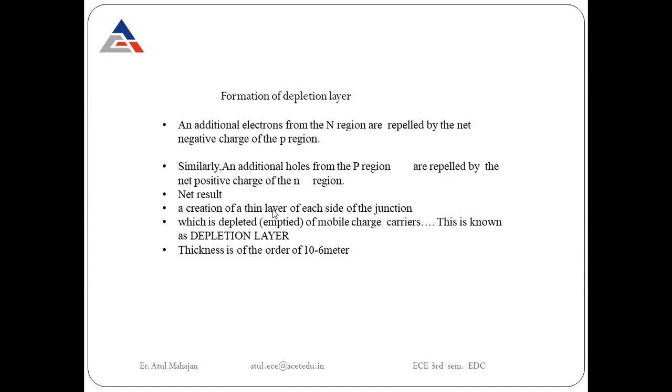The thickness of this depletion layer is of the order of 10 raised to the minus 6 meters. It is a very, very thin and small region, but this region comes into existence because of the strong repulsive forces occurring in the P side and N side materials, because of the extra charge particles inculcated into those regions.